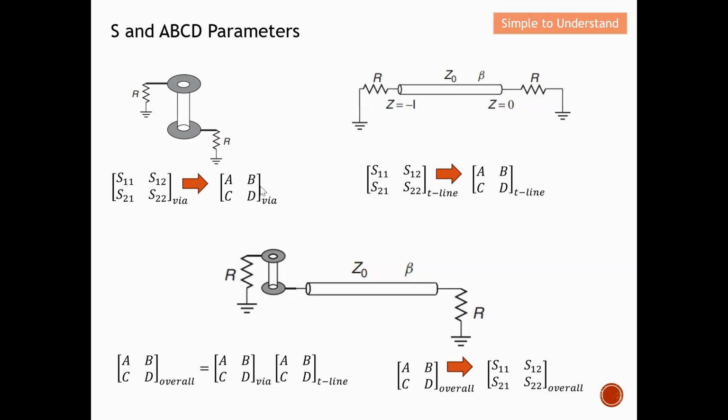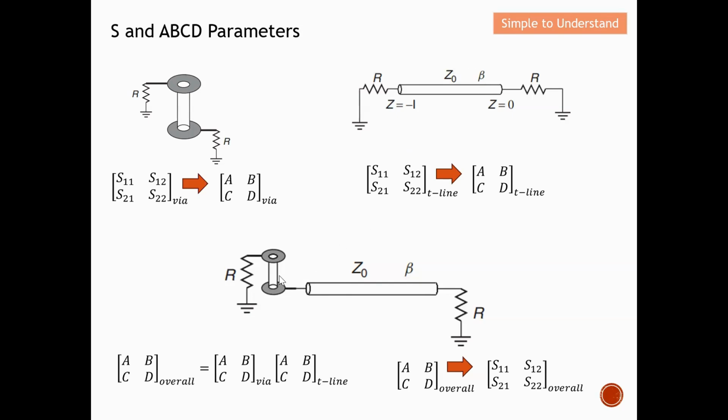So this will be the ABCD parameters for the via. Same for the transmission line, these were its S parameters. I will show you later in an example how we can convert the S parameters into ABCD parameters. These ABCD parameters describe just the transmission line.